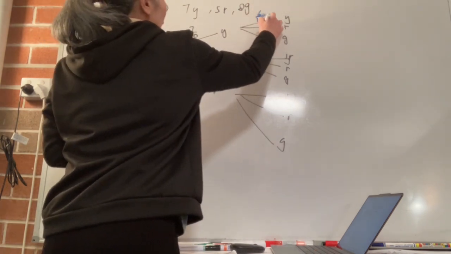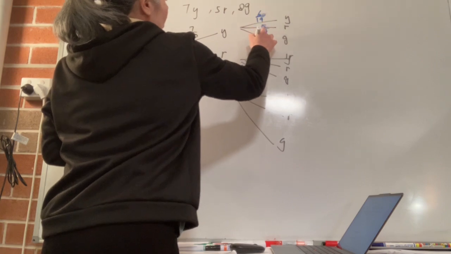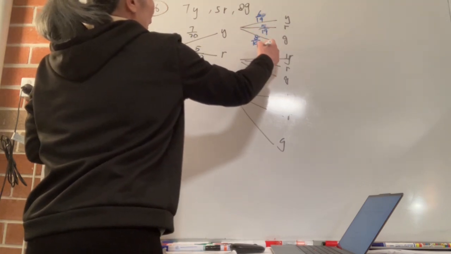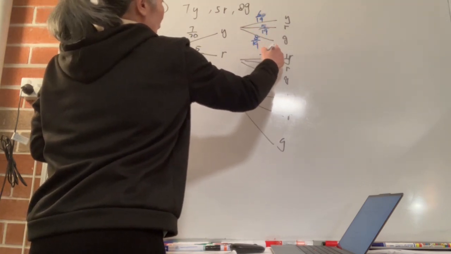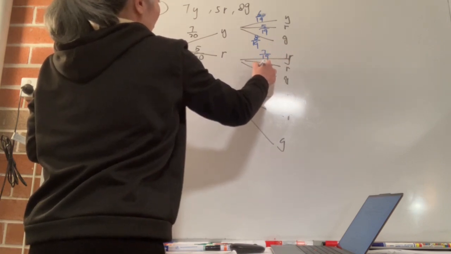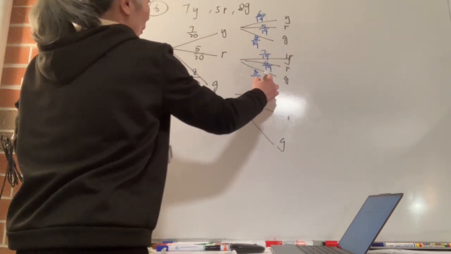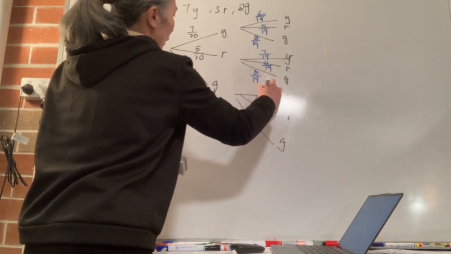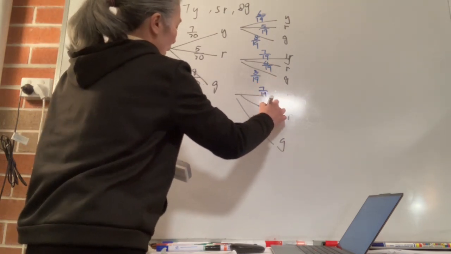This is the same, and this is the same. This one will be, what is that? 7, 4, and 8. Here will be 7, 5, and 7.